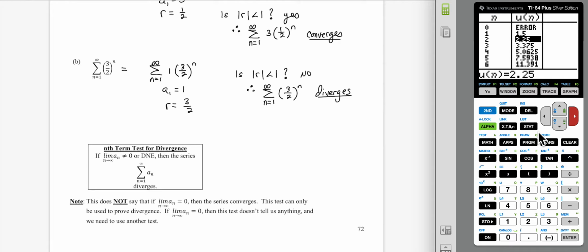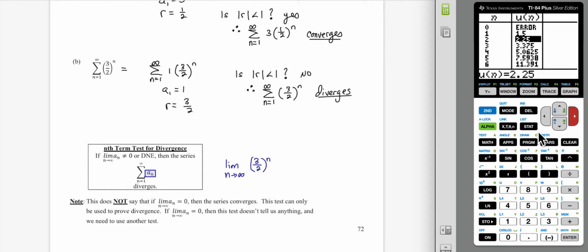All right. But if I wanted to try to apply the nth term test, let's say for part B here, I could be looking for the limit as n approaches infinity of a sub n. Now what's a sub n? A sub n is the argument within the summation. Right? So 3/2 to the nth power.